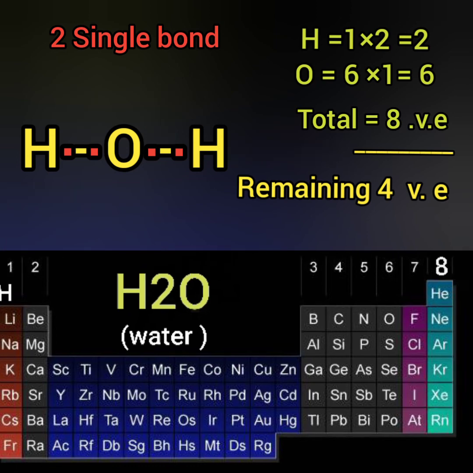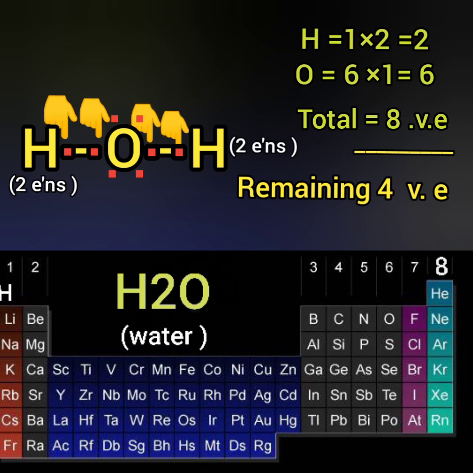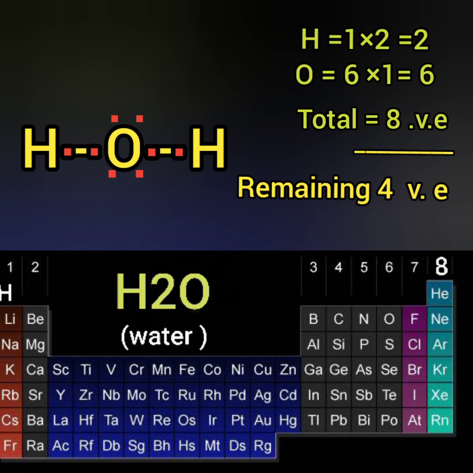We put all the remaining 4 electrons on the oxygen atom instead of hydrogen because hydrogen is already stable with 2 electrons. Remember, never give hydrogen more than 2 electrons. Every atom wants 8 electrons, but hydrogen only wants 2 electrons.